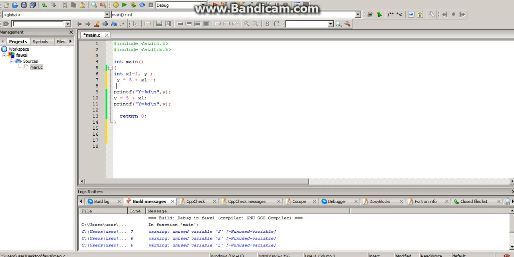Alright, so let's see. Here it's mentioned x minus minus, and x minus minus. Firstly it's going to be 1 as I showed you before, then it's going to be equal to x minus 1. So see here, minus minus, so it's going to be the same one.